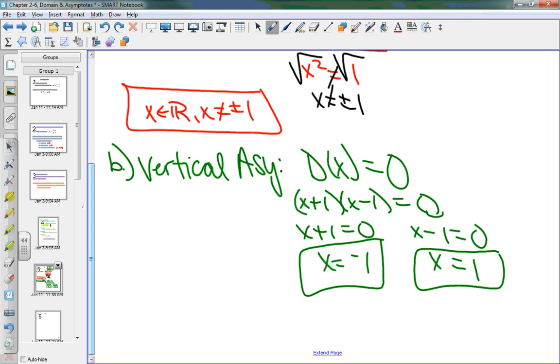Could I reduce f of x? No. Since I couldn't reduce f of x, my domain restrictions will be my vertical asymptotes. I mean, my x equals the number of my vertical asymptotes. Do we get that? Okay.